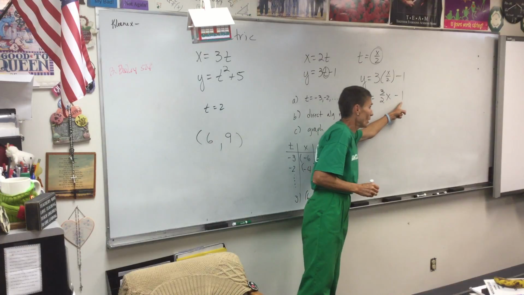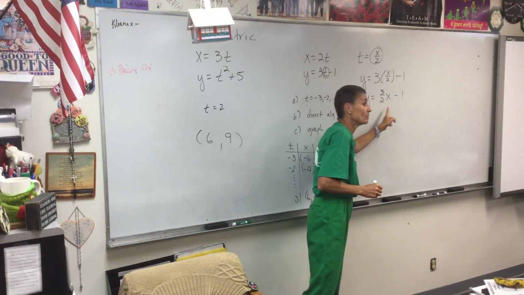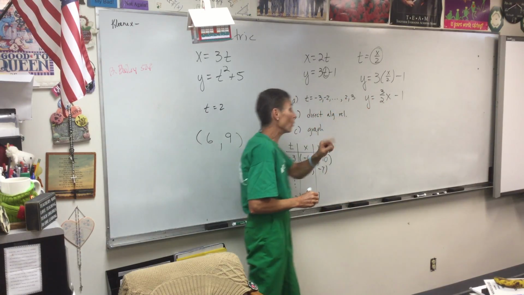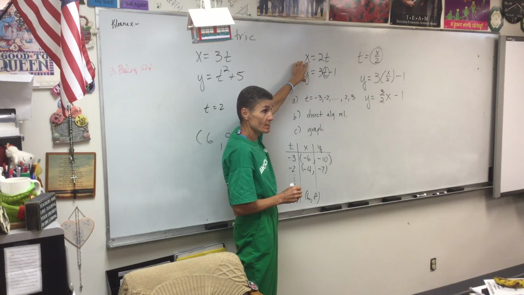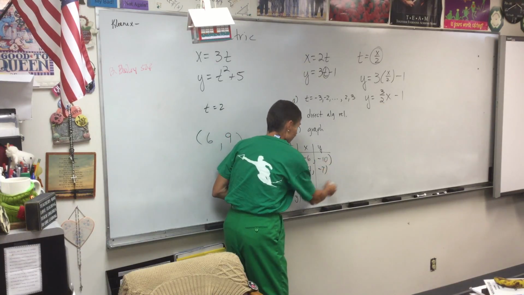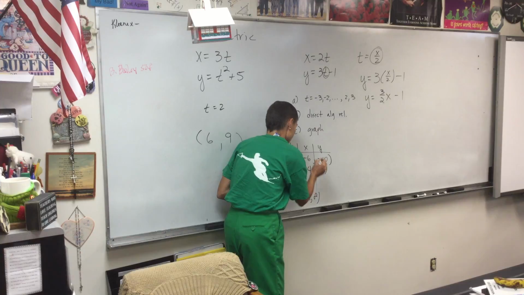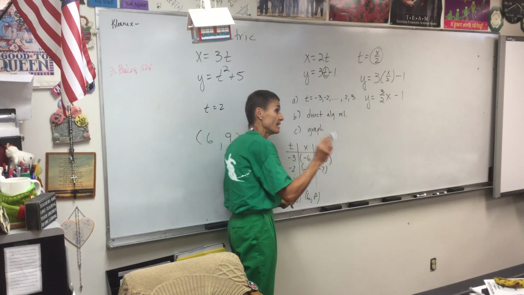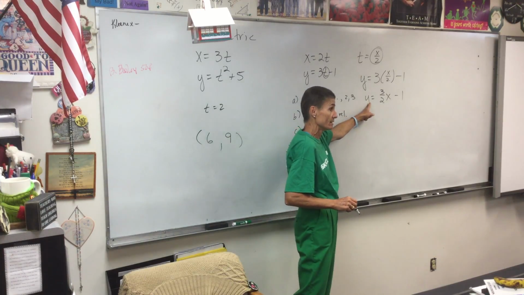What is that the equation of? If you were going to sketch that, that would be a line. So these two parametric equations gave you a ton of points, right? And if you graphed all those points and connected them, you would get a line.